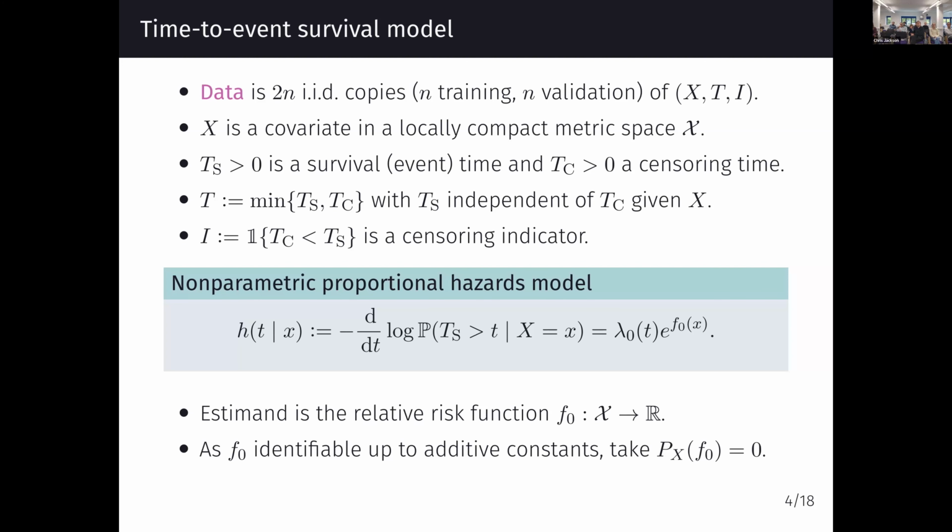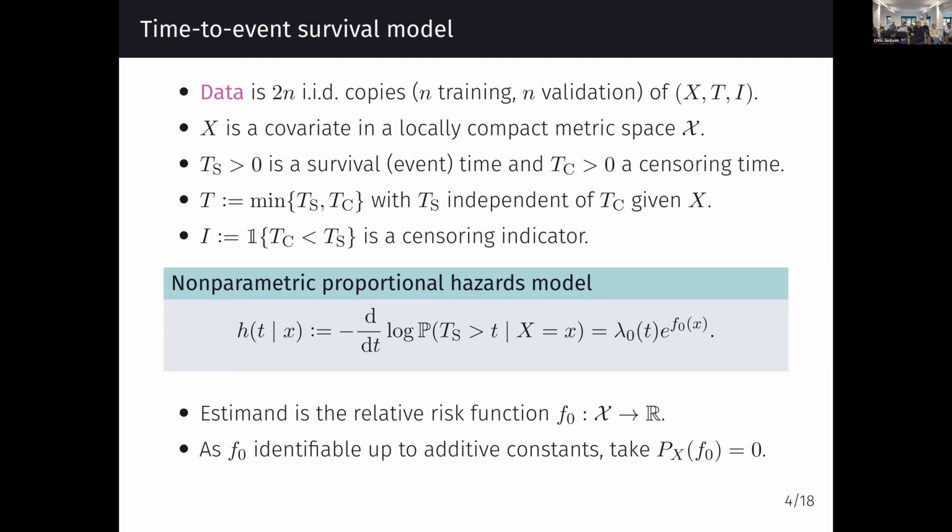They could be real numbers, they could be vectors, they could even be binary or strings, anything that you can compare with each other in a meaningful way. We're going to write T for the survival or the event time. This is the time at which someone experiences a genuine cardiovascular event. So in the SCORE2 model, this is not necessarily cardiovascular death, but it's just a diagnosis of a cardiovascular disease event.